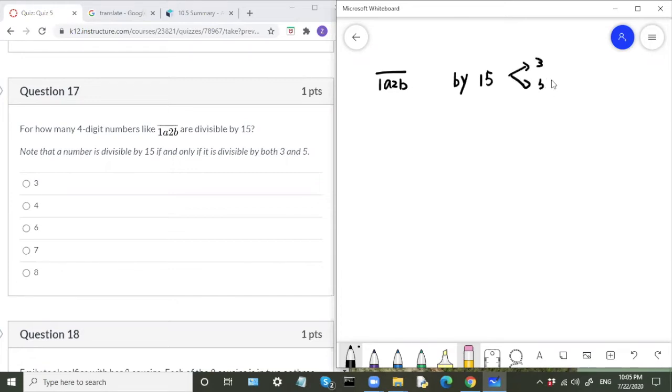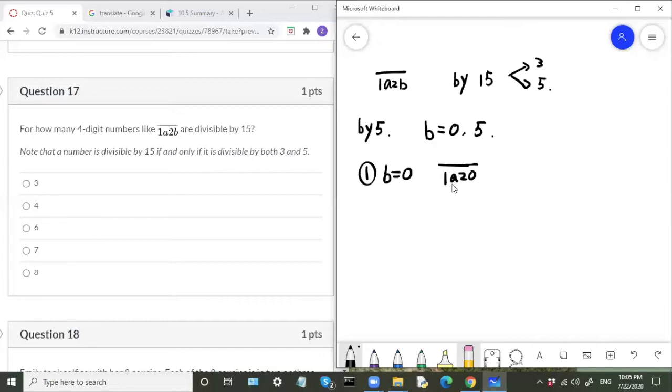For it to be divisible by 5, B equals 0 or 5. So we have 2 cases. First, B equals 0. So 1A20 is divisible by 5 already, so we just need to make sure it is divisible by 3.